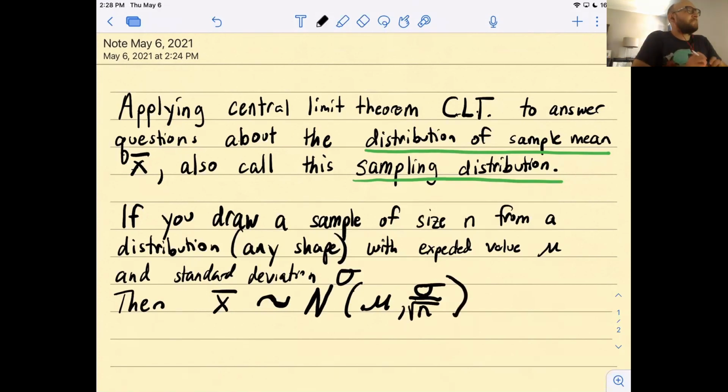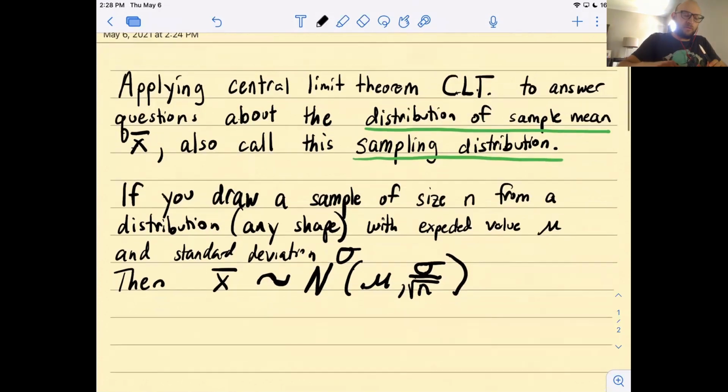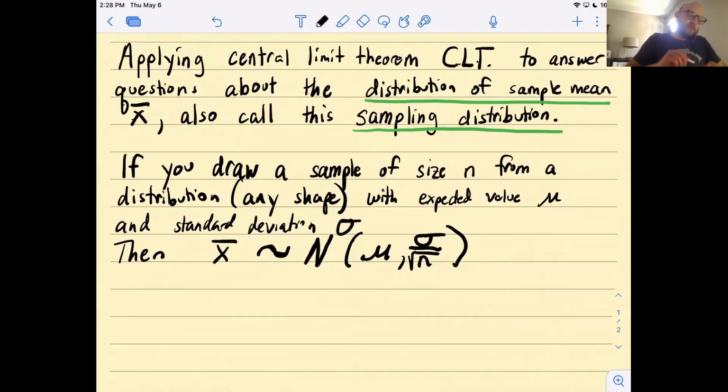is no longer sigma, but it happens to be sigma over square root of n. Okay, so let's see this in action. We did some problems previously about elephants, so let's just stick with that.